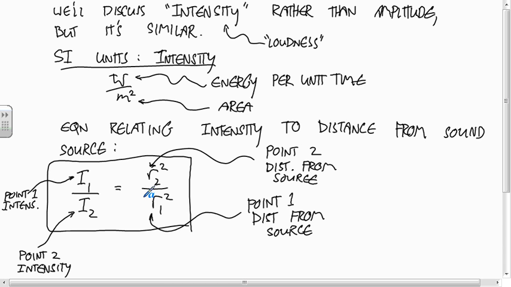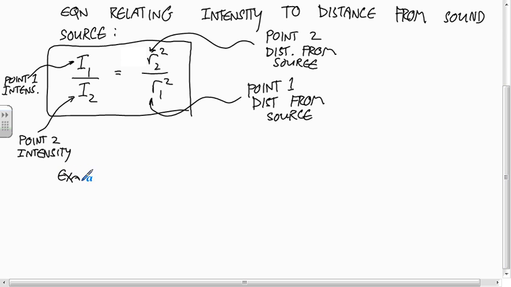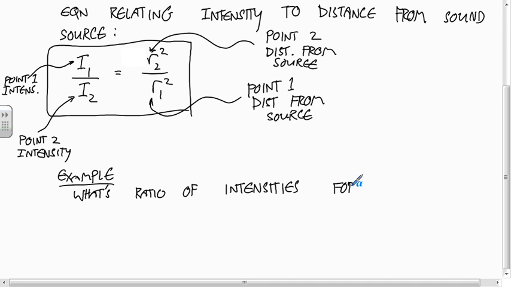All right, so let's do a little example calculation. What's the ratio of intensities for locations R1 and R2 if R2 is twice R1?